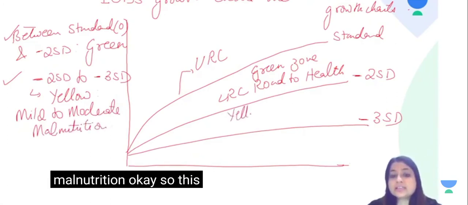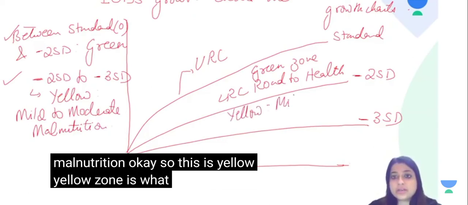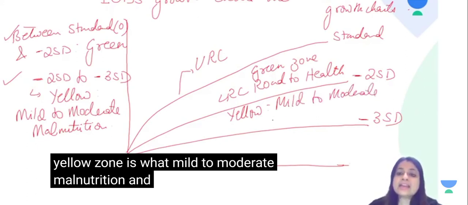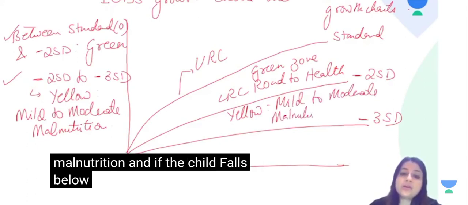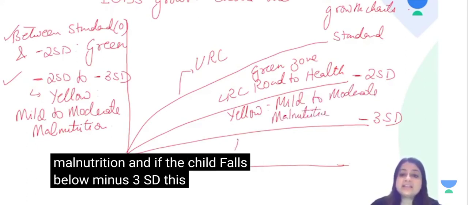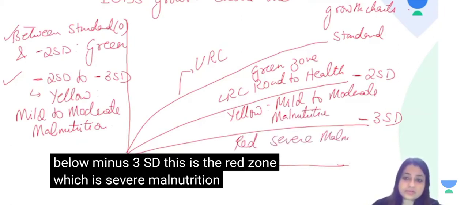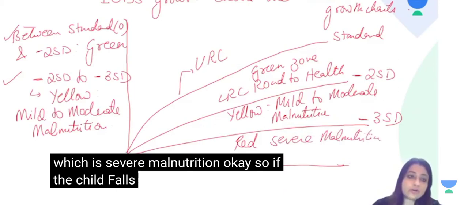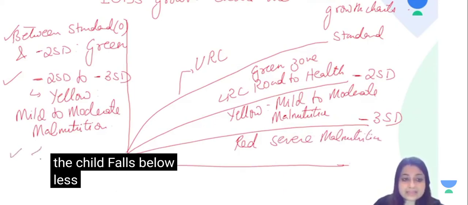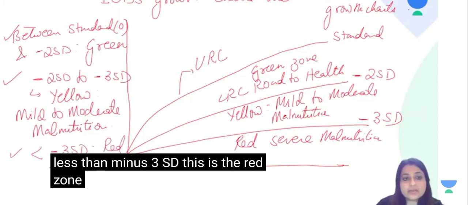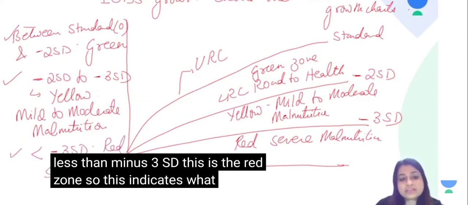And if the child falls below -3 SD, this is the red zone, which is severe malnutrition. Okay, so if the child falls below less than -3 SD, this is the red zone. So this indicates what? Severe malnutrition.